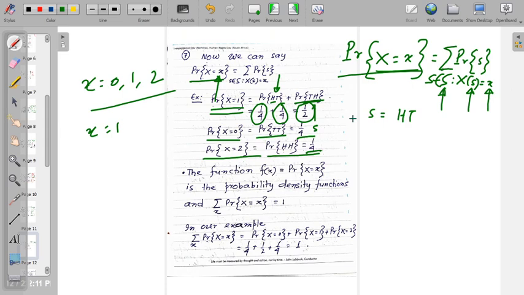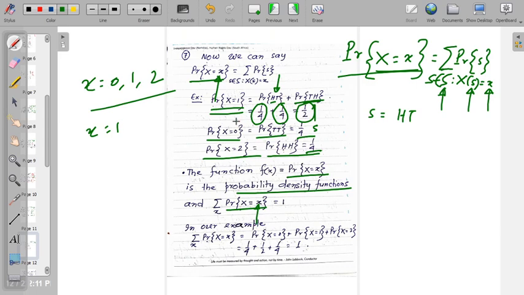And this probability X equal to x, which we denote by f of x, is the probability density function of the random variable under consideration. Okay. If we add up all the probabilities by putting all the values of small x, that will become 1.